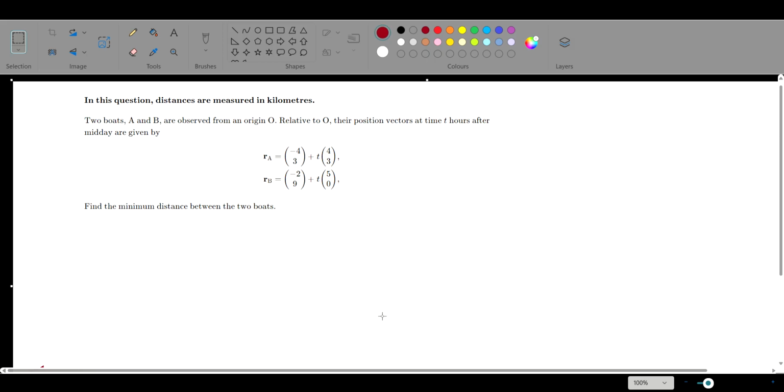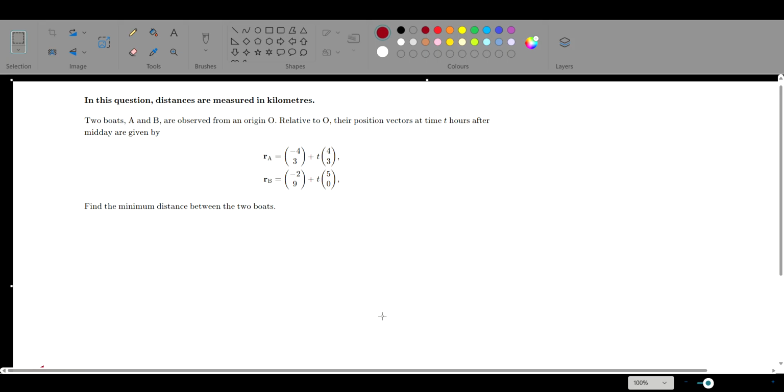So we have the next question on this vector application. In these questions, the distances are measured in kilometers, and we are given the two boats' velocity.